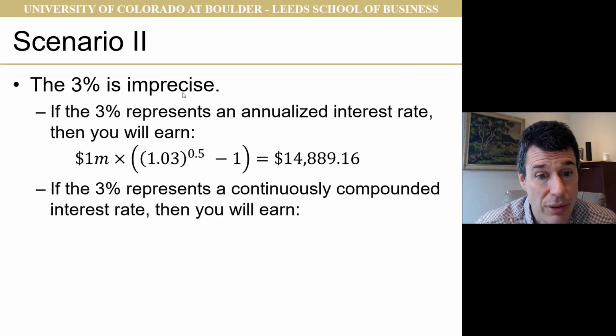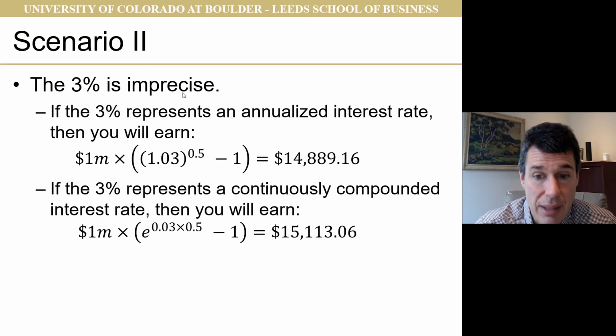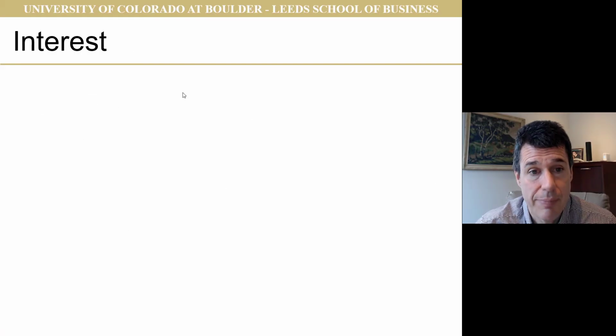If it were a continuously compounded interest rate, then you'd earn $15,113.06, a different amount. The bank, when it tells you the interest rate, is telling you something precise. It should be telling you precisely how much you earn.